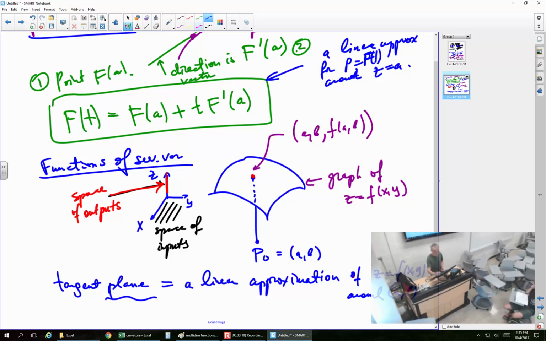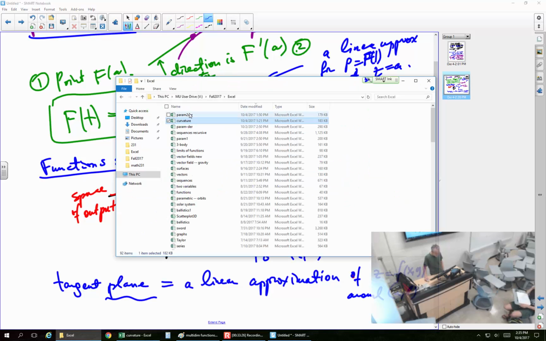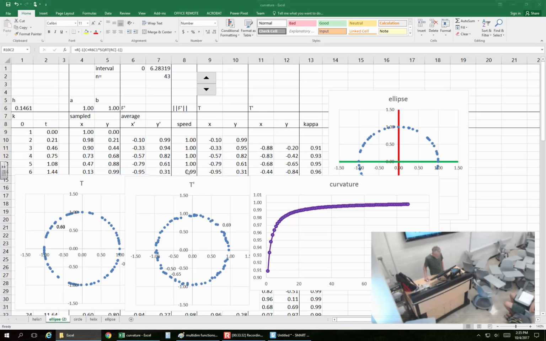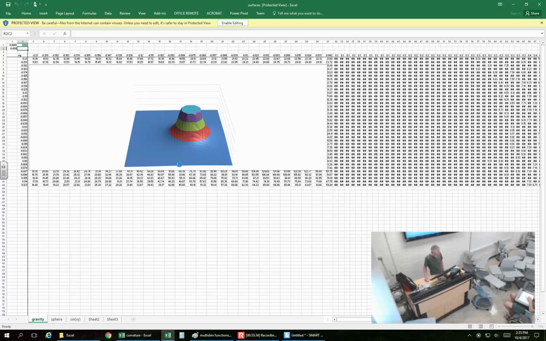It's just like with a curve, whether parametric or not: if you zoom in on the curve, it looks almost like a straight line. We did it before. With surfaces it's slightly more complicated, but you can certainly see this. So let me pick this one.